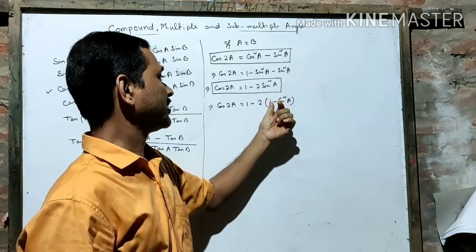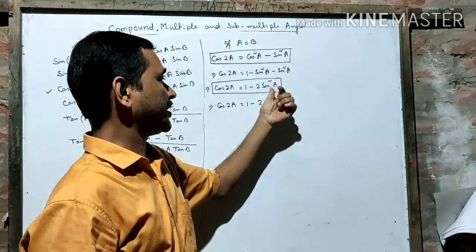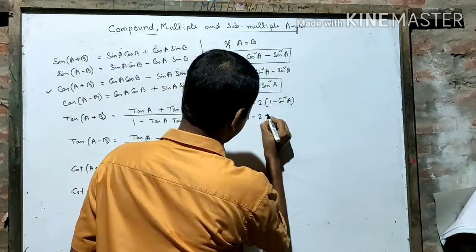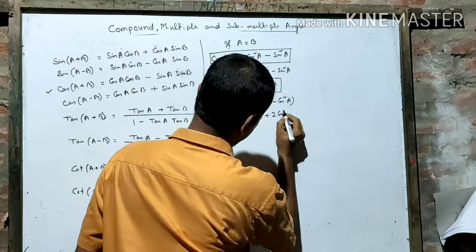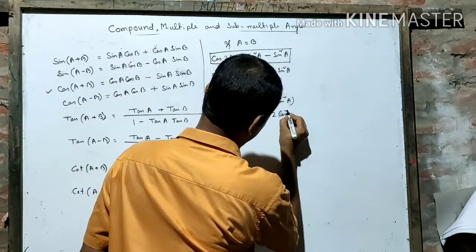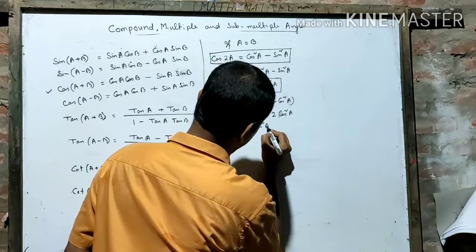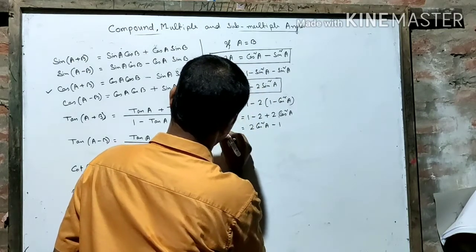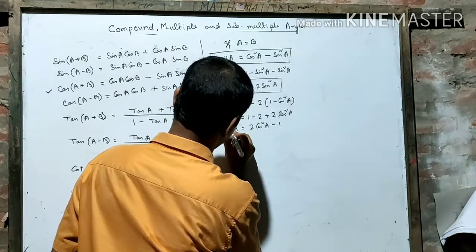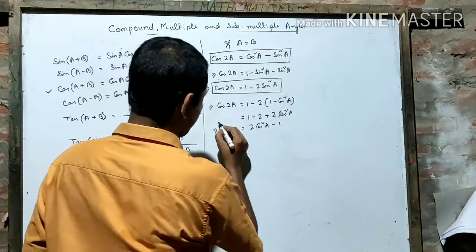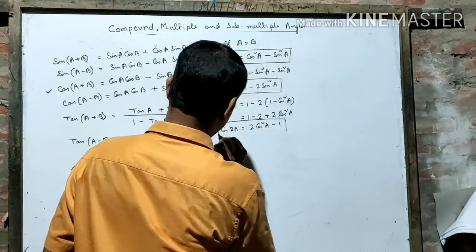So we have written 1 minus cos square A in place of sin square A. This is equal to 1 minus 2 plus 2 cos square A. Alright? Thus it becomes 2 cos square A minus 1. So cos twice A is equal to 2 cos square A minus 1. Okay, this is another formula for cos twice A.